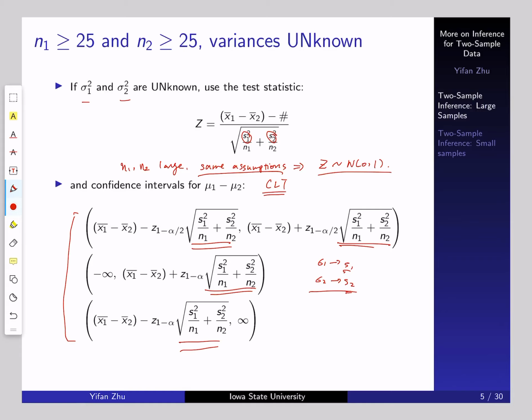Okay. So no matter whether the variances are known or unknown, the reference distribution is always the standard normal distribution. And when you know the variances, you just use the true variances. If that's unknown, you use a sample version.